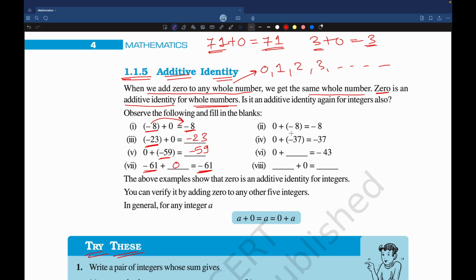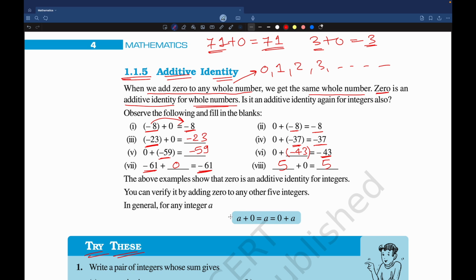Similarly we can check that when we add 0 to minus 8 we get minus 8 back. When we add 0 to minus 37 we get minus 37 back. When we add 0 to minus 43 we get minus 43 back. Similarly we can write any number here, that is 5, and we will get 5 back.